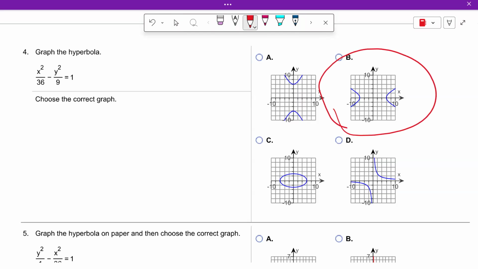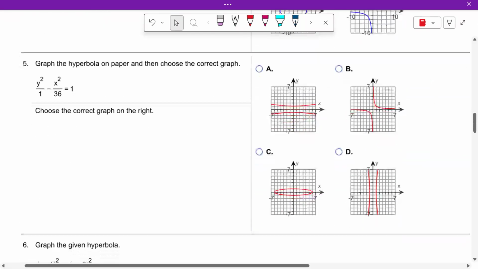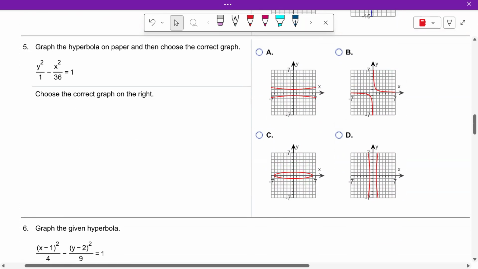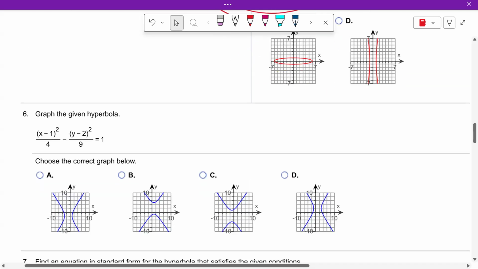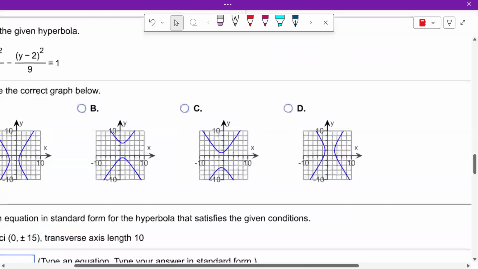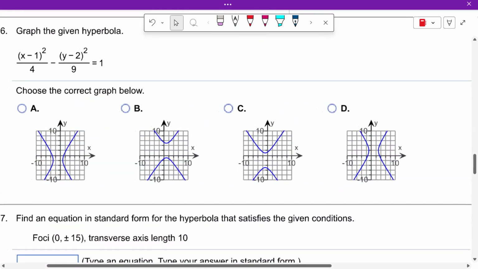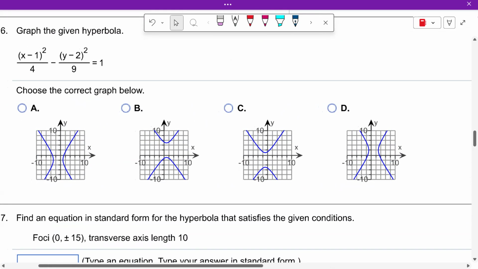Right-left. Y is positive. Right-left or up-down? Up-down. X is positive. Right-left or up-down? Right-left. So it's not this one or this one.